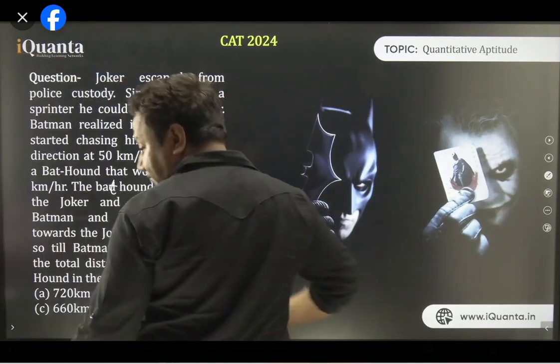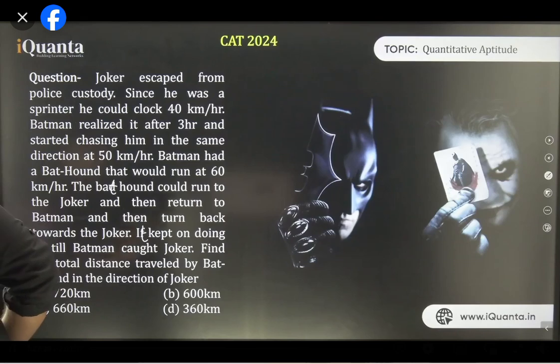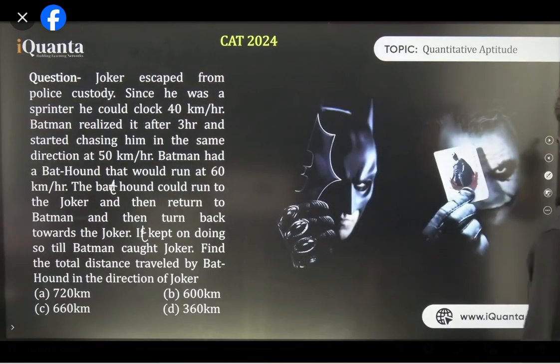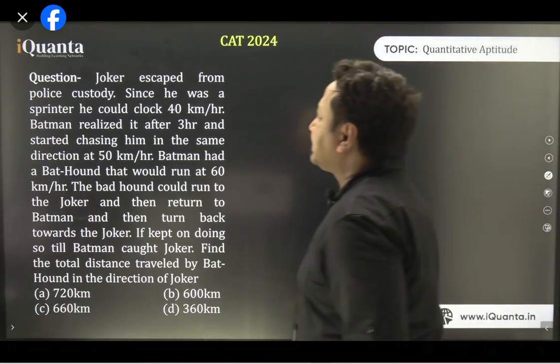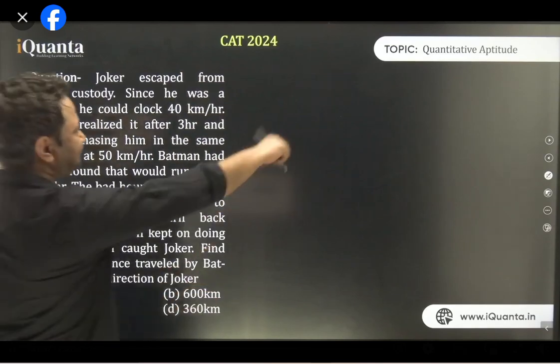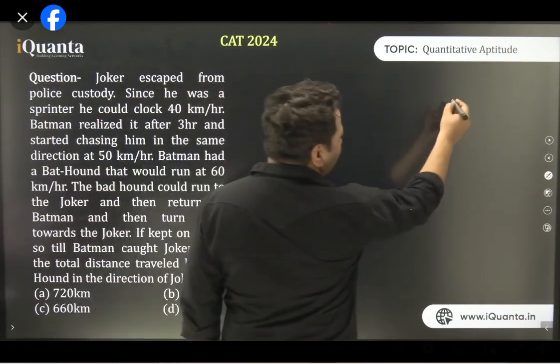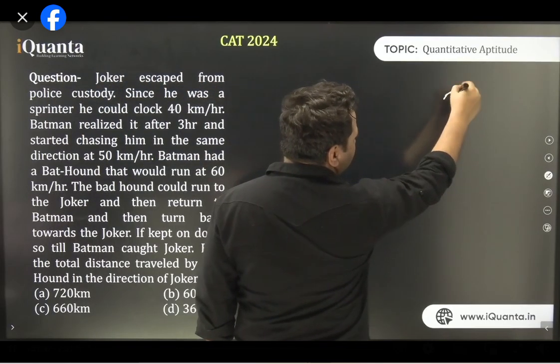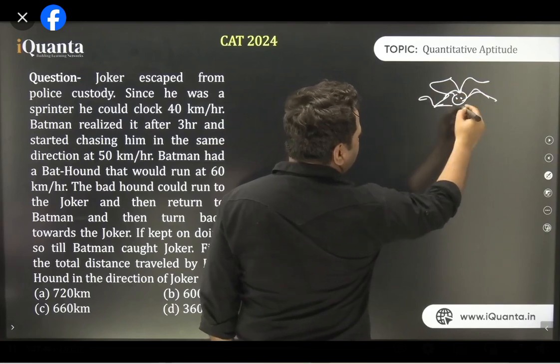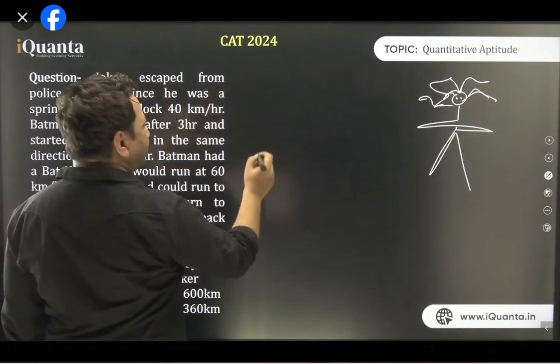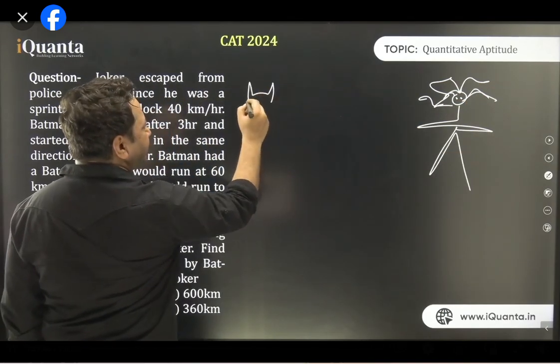Okay. This question is similar to the previous question of bird, which I was talking about, and now that concept will totally be clear to you guys. See, so what is happening? Joker might be somewhere over here, right? And Batman would be somewhere out here.